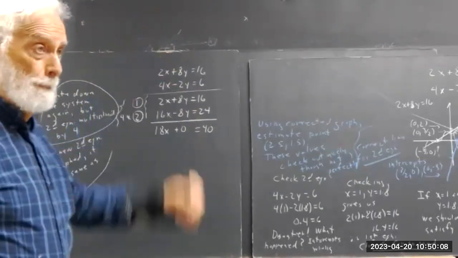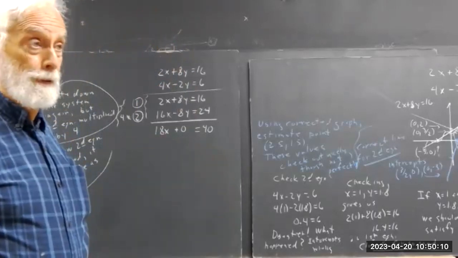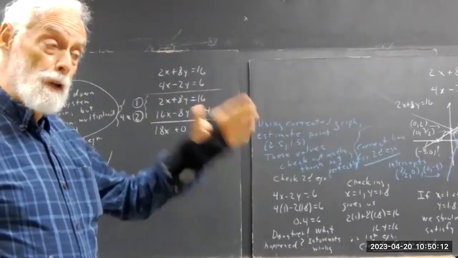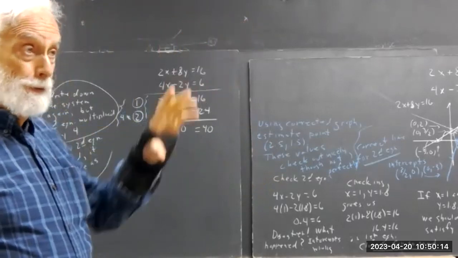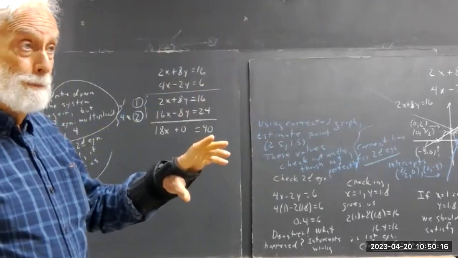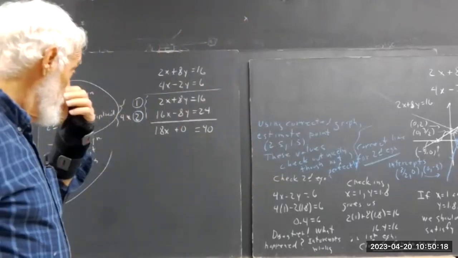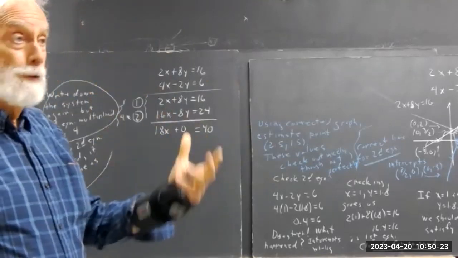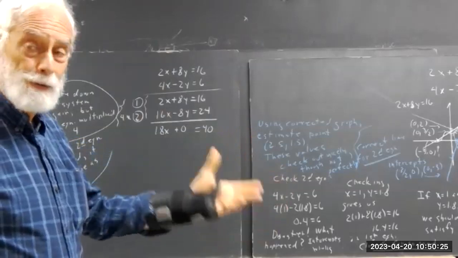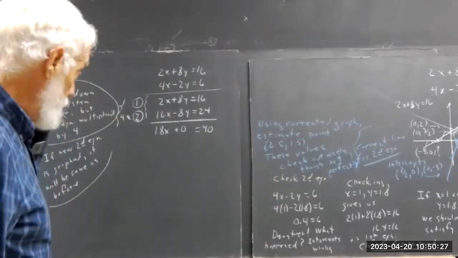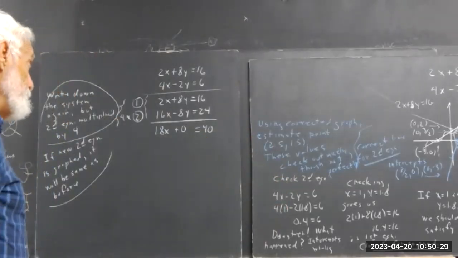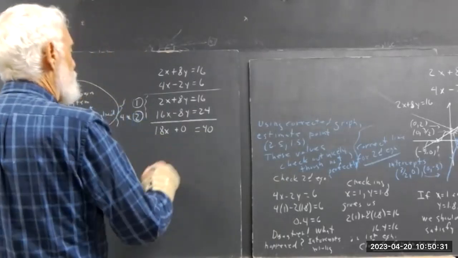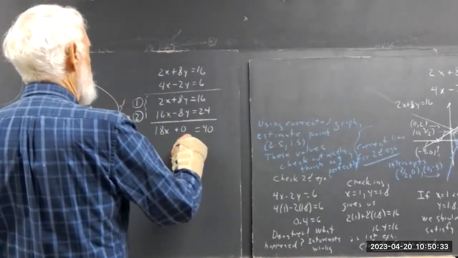We eliminated y, and we can solve for x. We did that a little while ago with the two simultaneous equations for the exponential function. This was done back in chapter 2, and parts of the assignment did all this, so you might want to review it. So we got 18x equals 40.